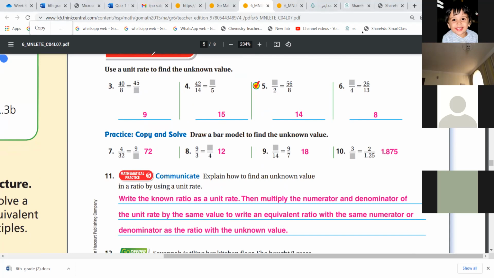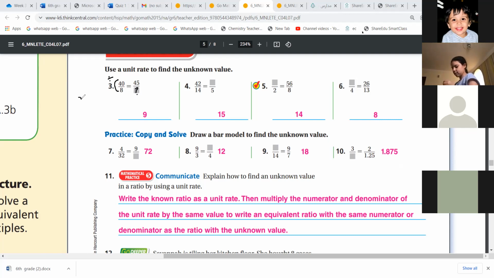Now tell me, girls, here, what do you divide? When you see such a question, what do you divide? That means here it is a question mark.